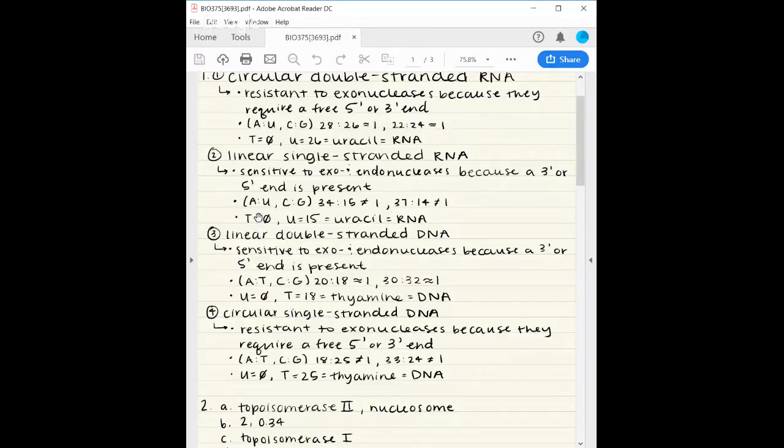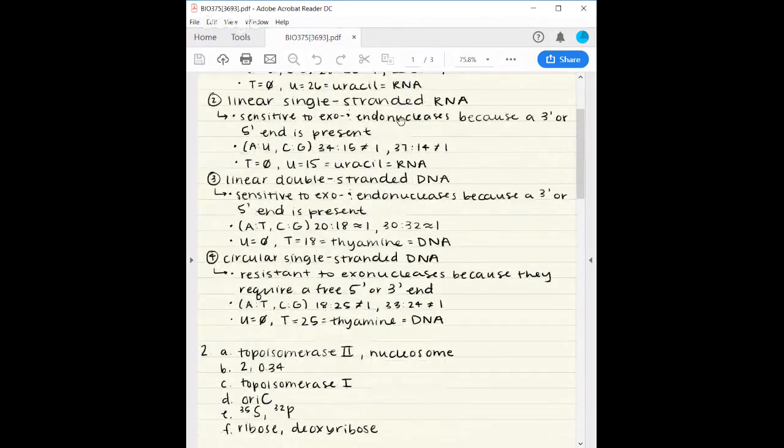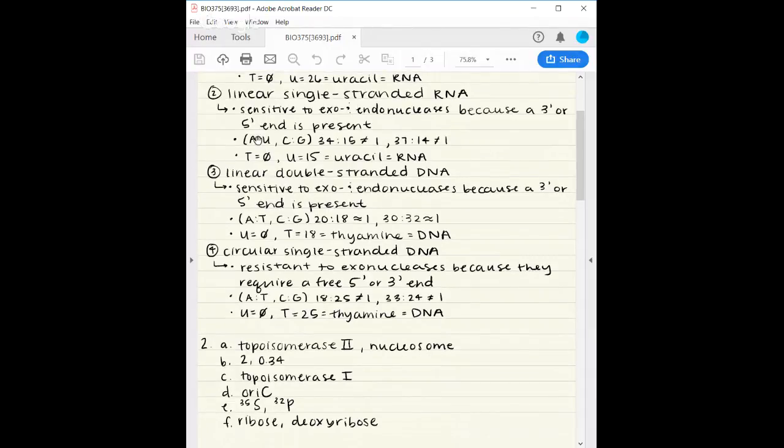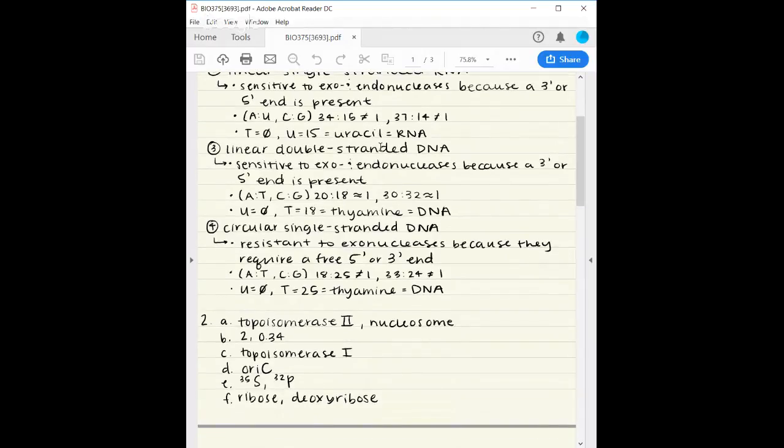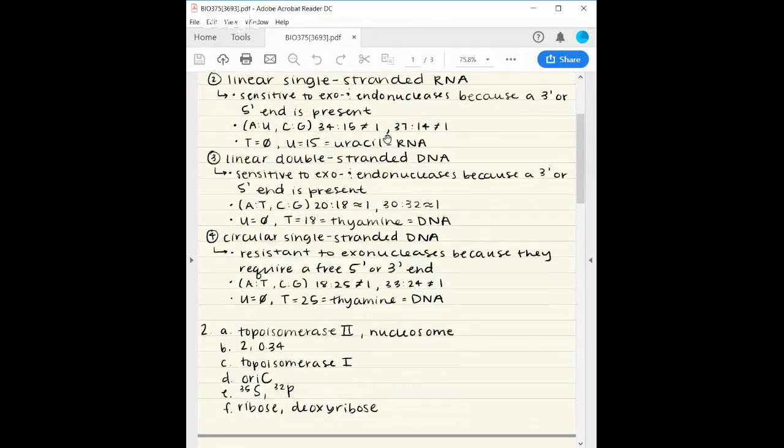And for genome 2, it was sensitive to exonucleases and endonucleases, so I said it was linear because it had a free 3' or 5' end. I said it was single-stranded because the A to U ratios and G to C ratio were not equal to 1. And then I said it was RNA because it used uracil and not thymine.